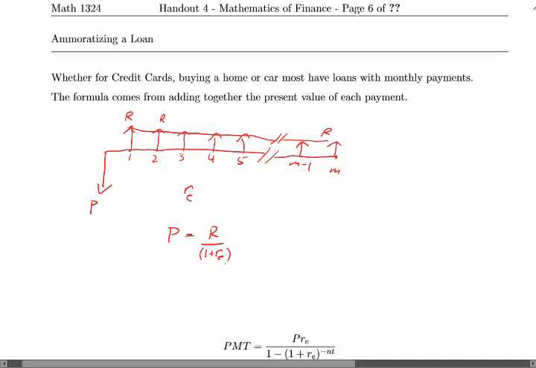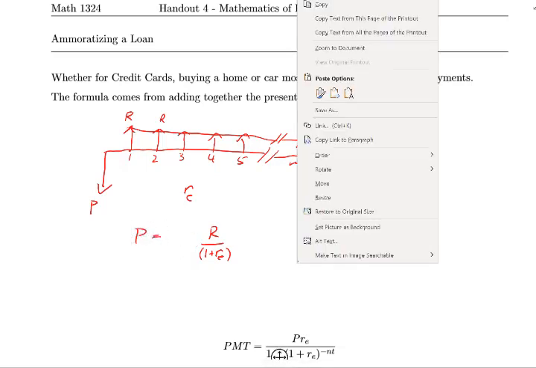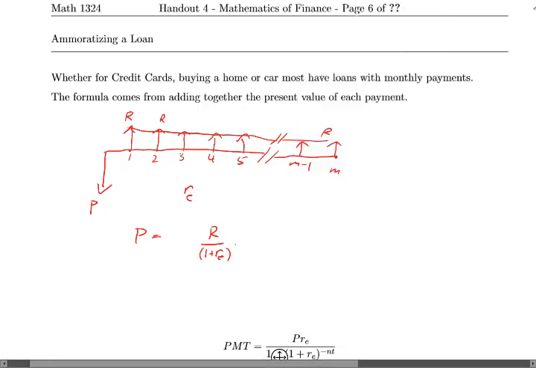It's R times 1 plus RE to the negative 1. We just stuffed it in the bottom. That's okay. I'm going to push this over to give ourselves a little more space. Add the next one, R times 1 plus RE, and this time it's squared.